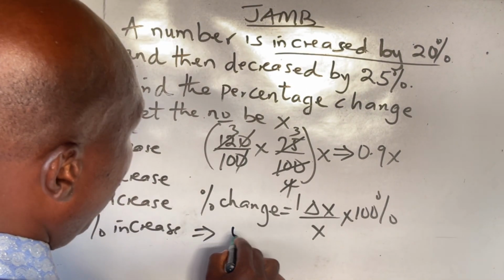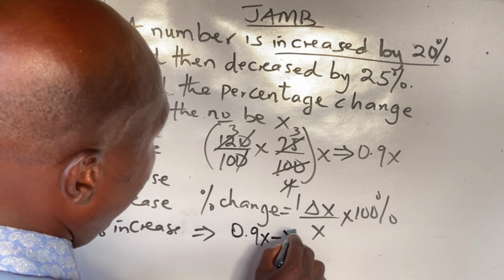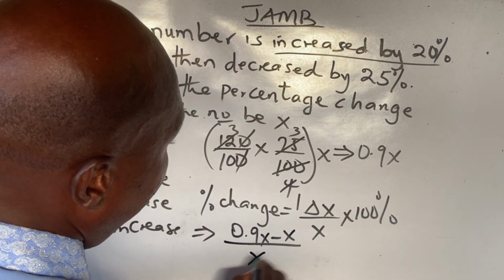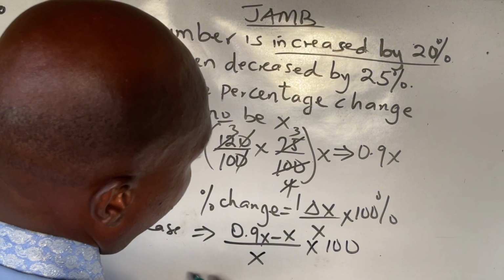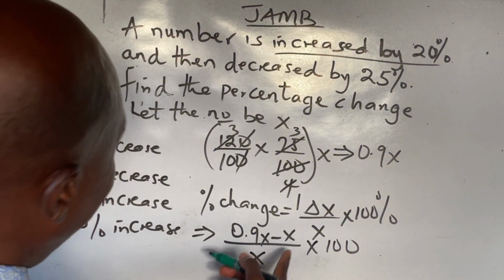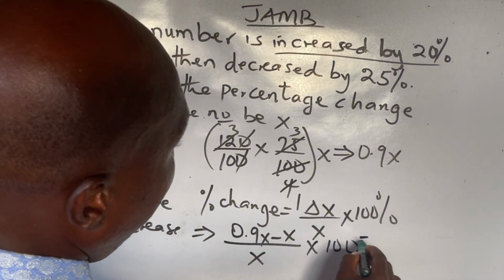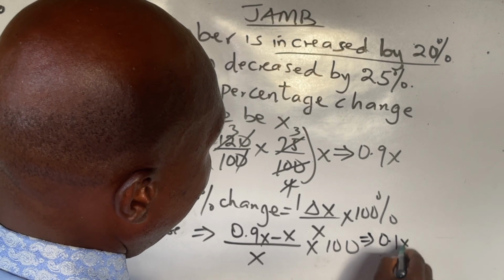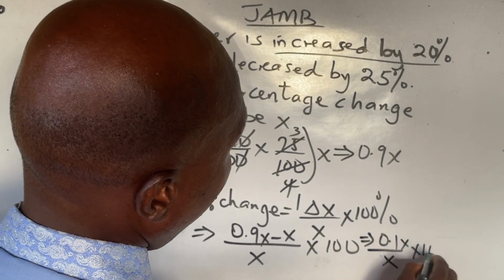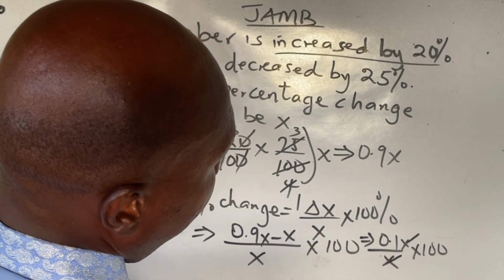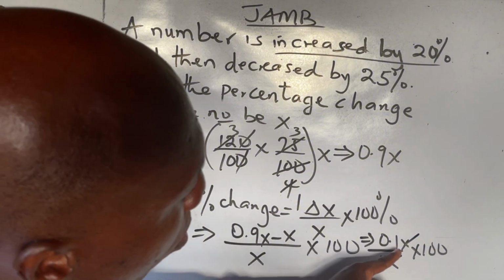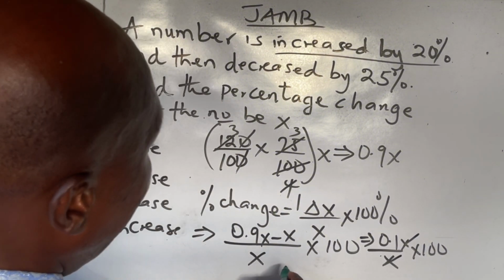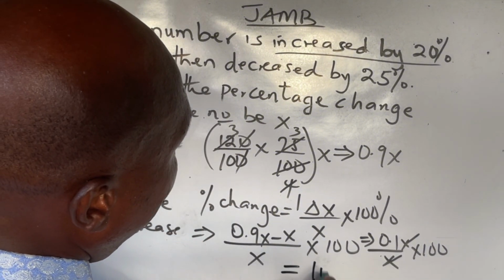So we have 0.9x minus x, over x, times 100. 0.9x minus x gives you negative 0.1x over x times 100. So x cancels x, we are left with 0.1 times 100, which is actually 10%.